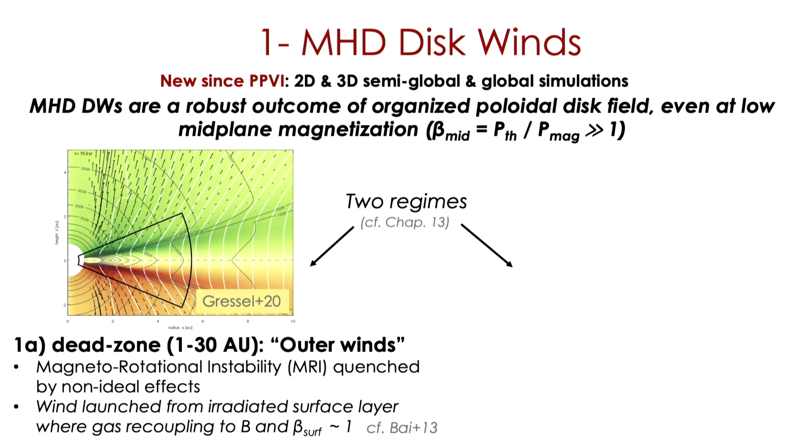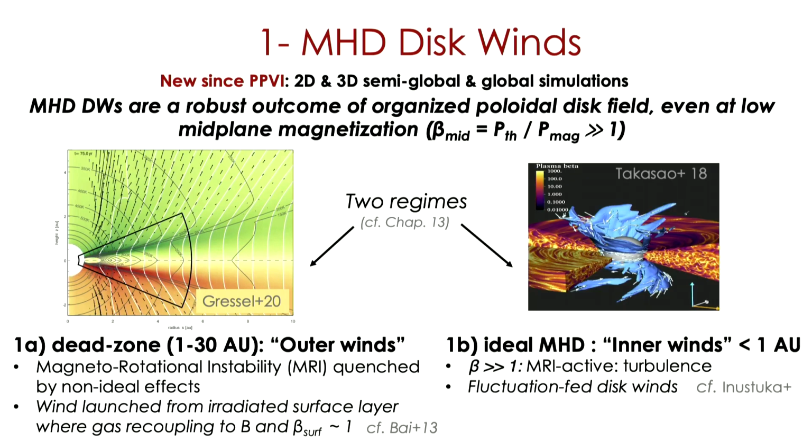So even if beta is very large here and thermal pressure is dominant, there is a region at the disk surface where the densities are lower, and eventually beta is of order 1. This was already shown in shearing box simulations, and now it's confirmed with these global simulations.